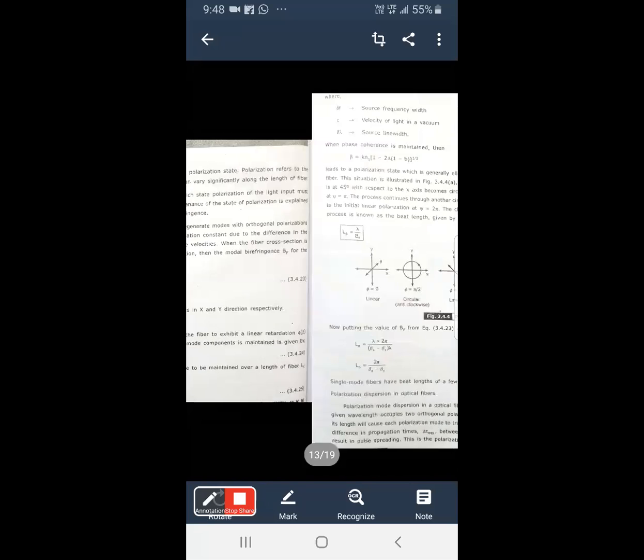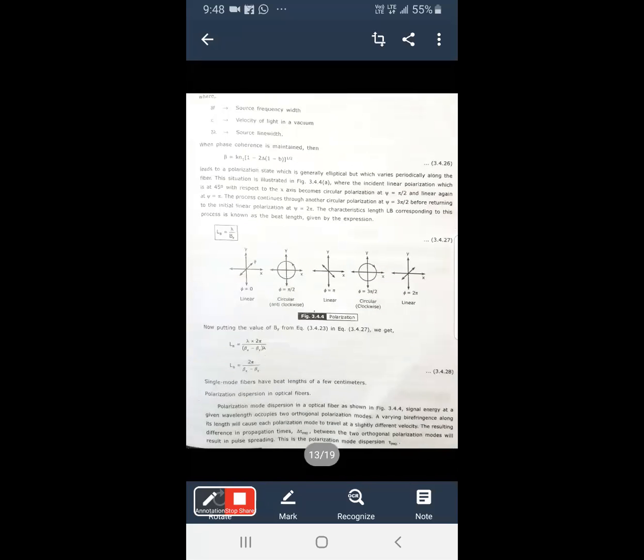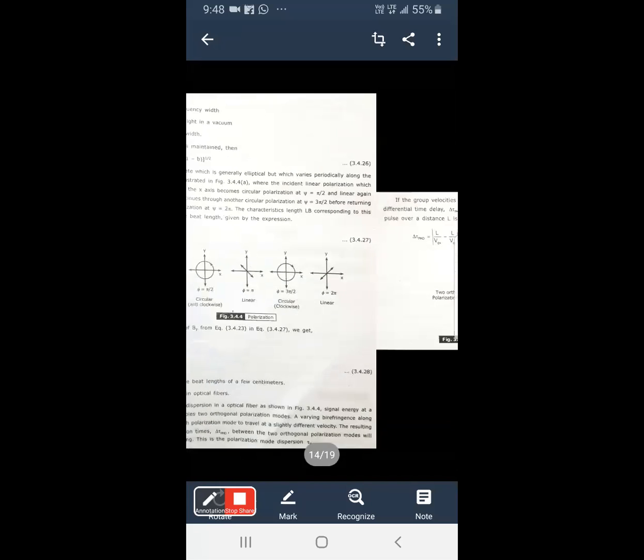So we want to identify the length. Based on the length you can find out the formula and substitute the length value in the length by reference value, then finally we can obtain the beat length LB, which represents the beat length. So if you go for the birefringence, based on the birefringence we go for the polarized mode dispersion.